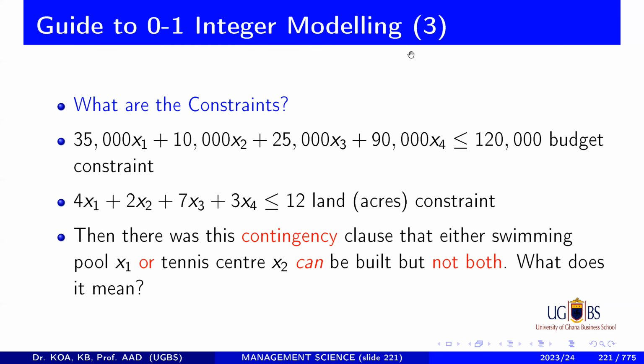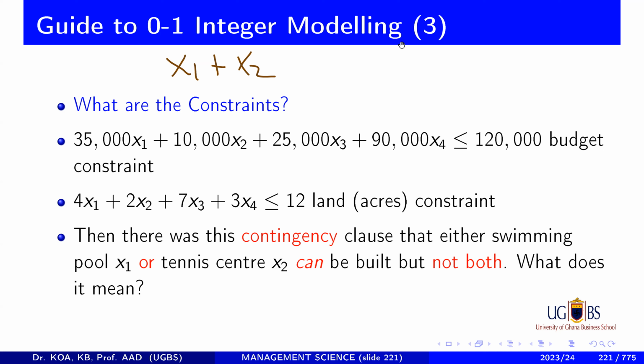Yeah, let's drop it there. Let's go to the next person. Michael, you are adding x1 plus x2. And then it says that can be built. Can be built means what? The word can, not must be built, but can be built.